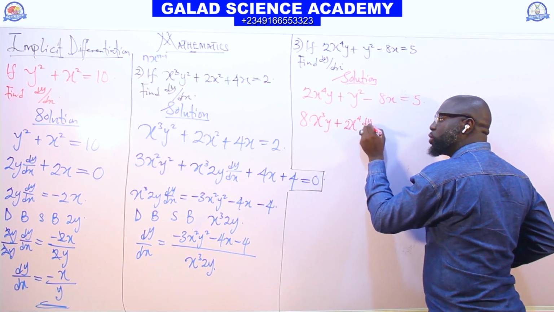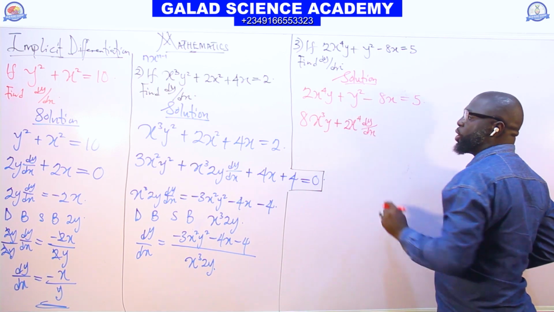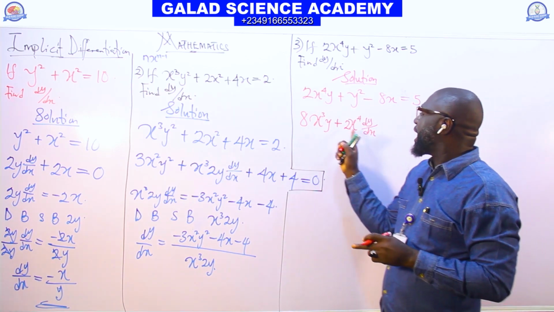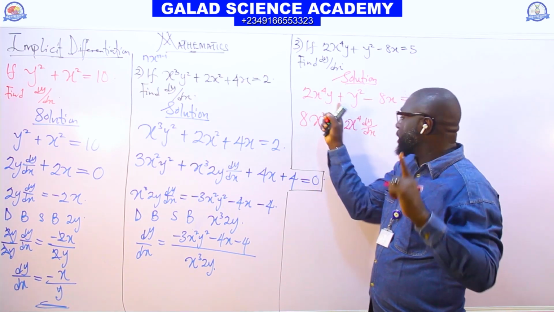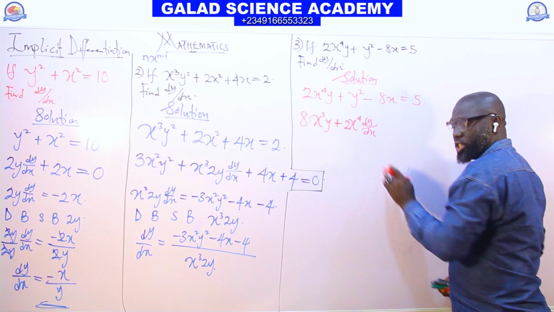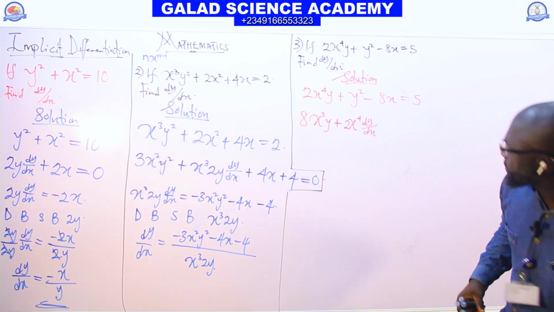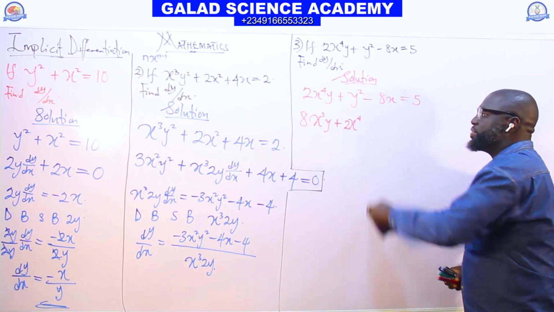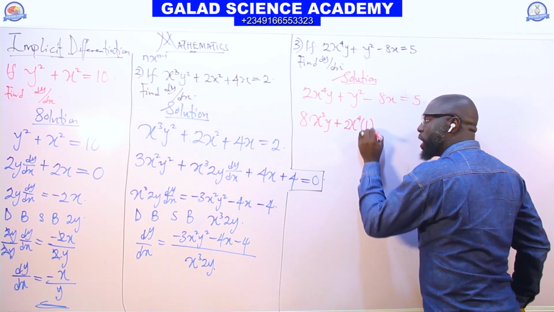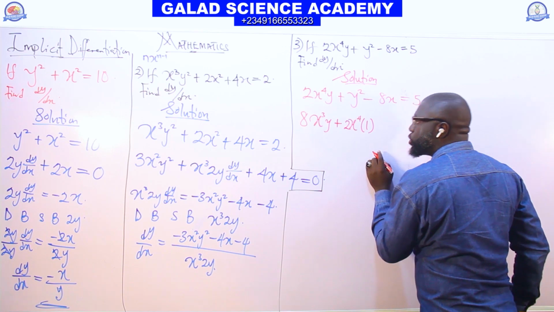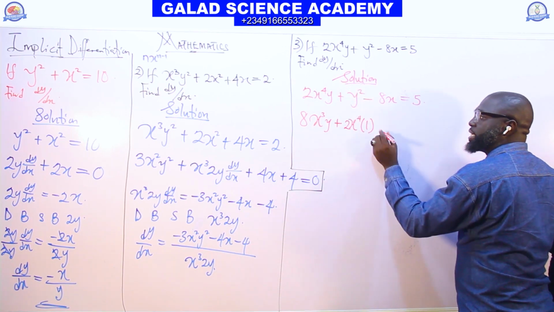Then you will have dy/dx. Why should I put dy/dx here? Because I differentiate this y alone, which gives us 1. The derivative of this y here is 1. Good. Then move to this side.